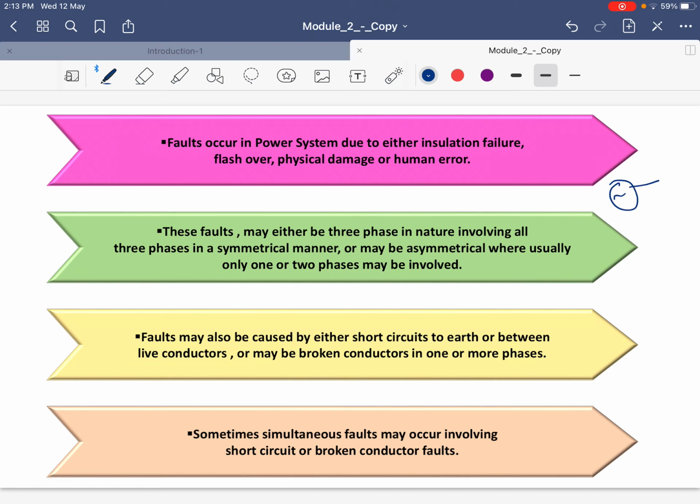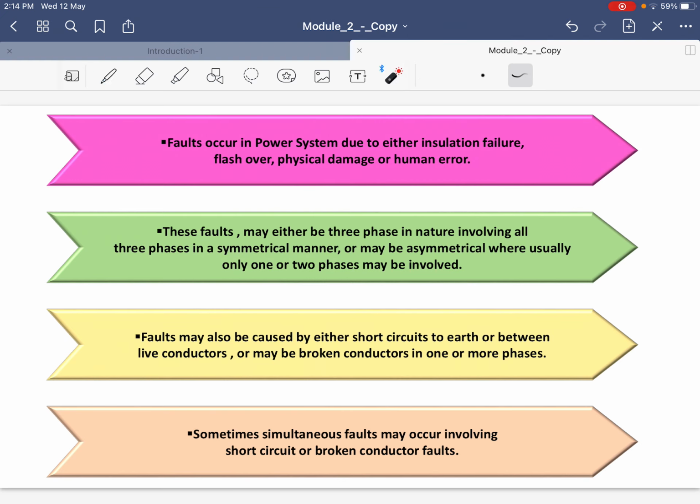For example, taking a generator, if the fault occurs in all the three phases R, Y, B, or phases 1, 2 and 3, they are affected equally. That means the fault current in all the three phases remains the same in magnitude, and the three currents are displaced by 120 degrees. If all the three phases are short circuited in this symmetrical manner, it is called a symmetrical fault.